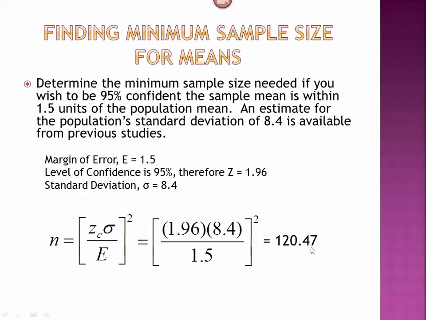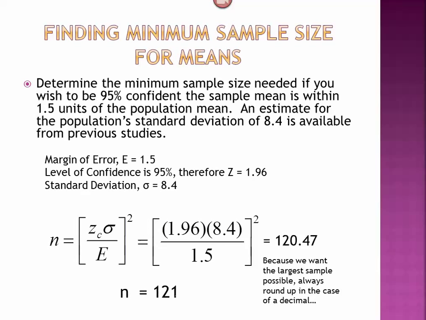Even though this result is below .5, and we would normally round down to 120, if we round down, we may end up risking not having the desired level of confidence and the desired margin of error we're after. And so for this result, given that it's an n and it needs to be a whole number, we simply always round up. And that will give us the minimal sample size that we would need in order to get a sample that will have this margin of error with this level of confidence.